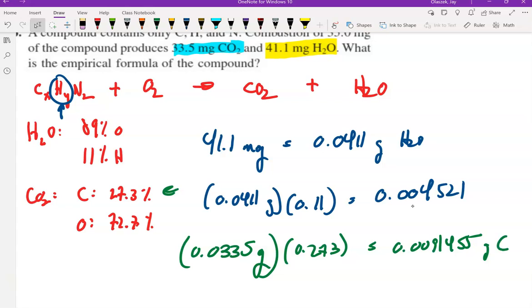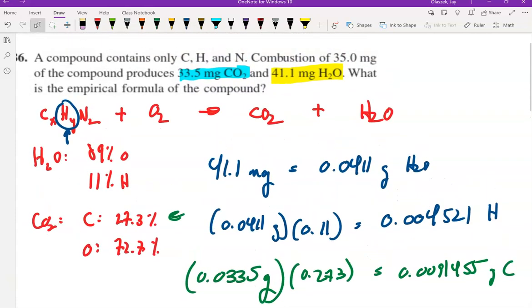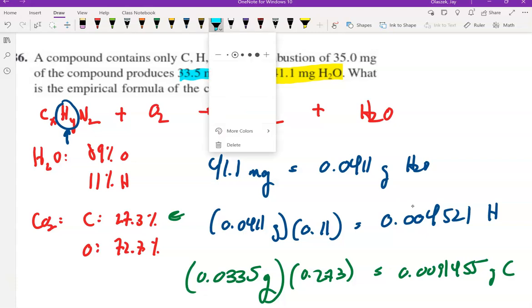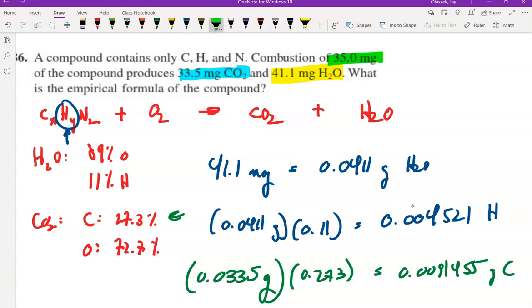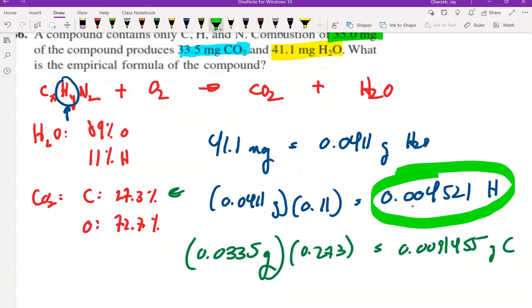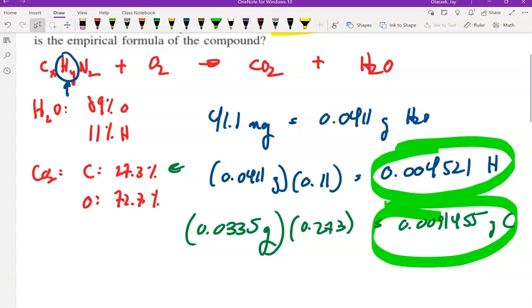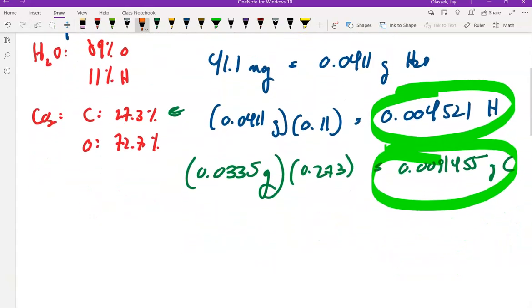Okay, we're coming into this with some advantages. We know that this unknown compound has a total mass of 35 milligrams or 0.035 grams. And we know that 0.0045 grams of that is hydrogen and 0.009145 grams of that is carbon. Let's leave all of these things in grams and find out what mass of nitrogen we're talking about, because we know the hydrogen and we know the carbon.